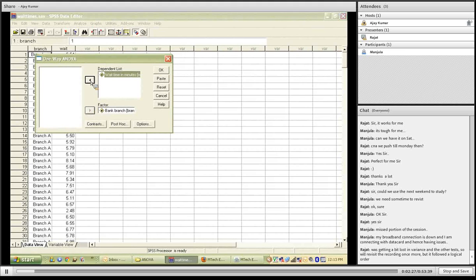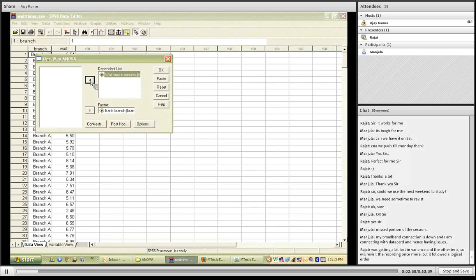To quickly reason through it, this problem was about the branches that a bank has, and the bank was trying to visualize the wait time in its three branches. It was trying to study whether any of its branches has a lesser wait time compared to another branch. Which branch is more effective as far as waiting time is concerned?